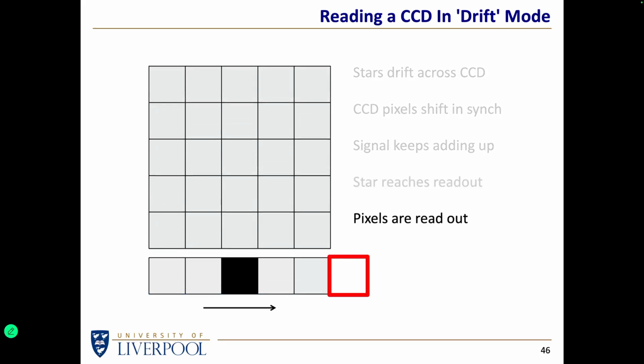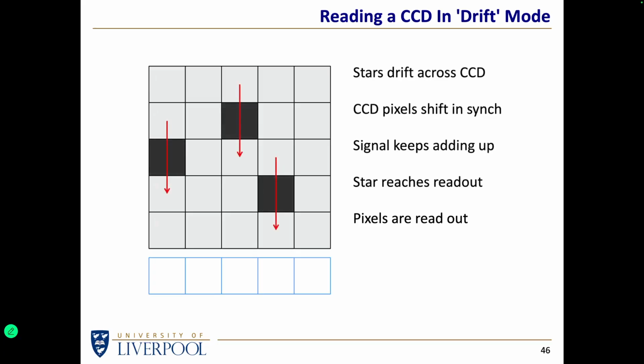When the star reaches the edge of the CCD, the pixels are read out, and the time at which that star is read out is recorded. There's an atomic clock on board such that it can record precisely the time at which that particular pixel was read. So remember, we're not talking about just following one star.